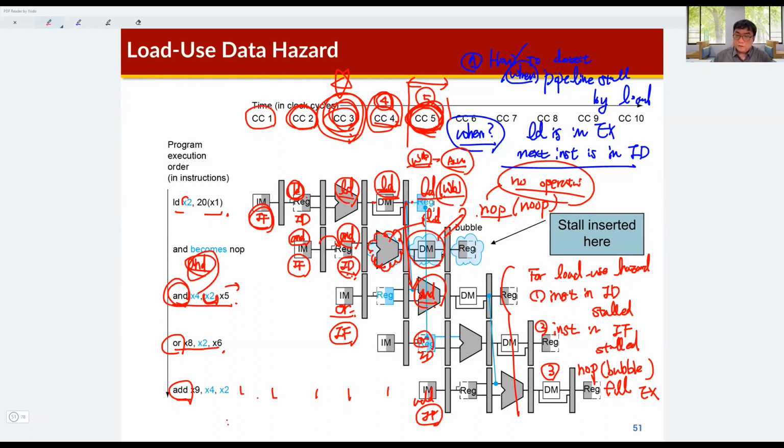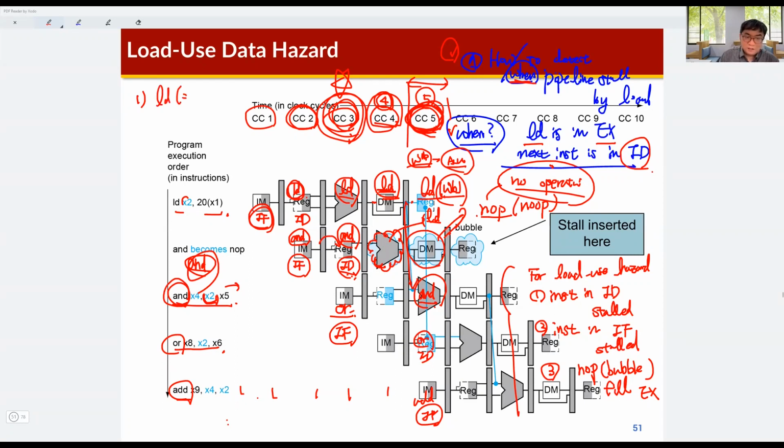So first, I said when this load-use data hazard is detected: the load is in the EX stage, and the next instruction is in the ID stage. And then how can we detect the load-use hazard? It's simple, right? The condition is that the former instruction is a load instruction.